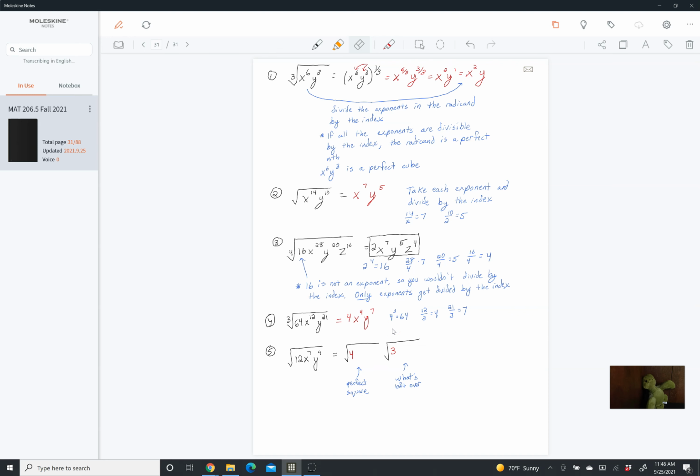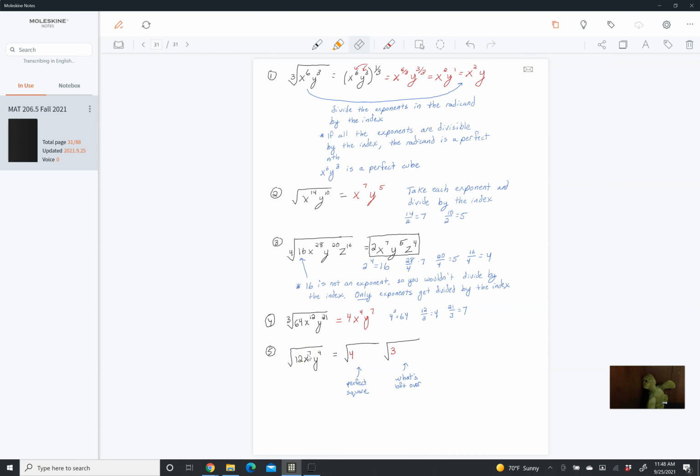Okay, now for the exponents, it's a little bit different. For the exponents, we want to figure out, okay, well, we need an exponent that's a perfect square, meaning it's divisible by 2, right? Perfect square means it's divisible by the index. So we need an exponent that's a perfect square, and then we're going to have whatever is left over.